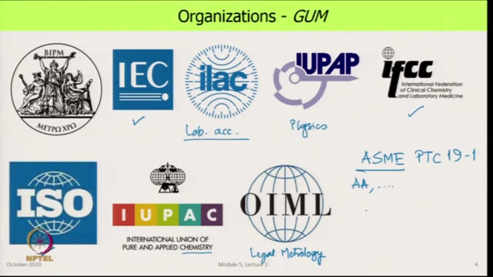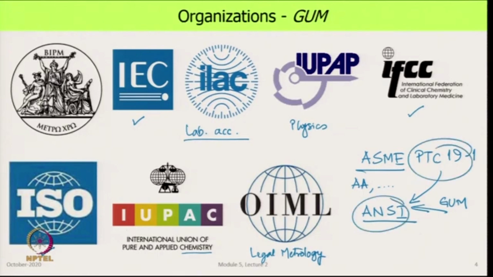This standard also got adopted and became an American national standard, given a number by ANSI, American National Standards Institute, and this also is practically drawing on ISO GUM. So, for small differences, if you leave those aside, all these standards are now pretty much the same.